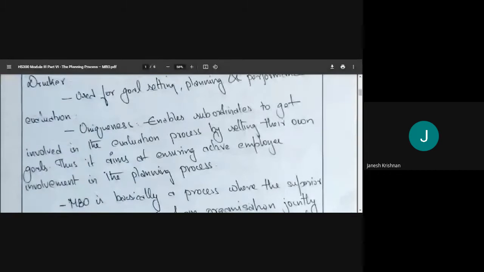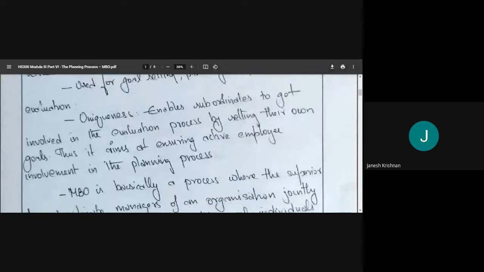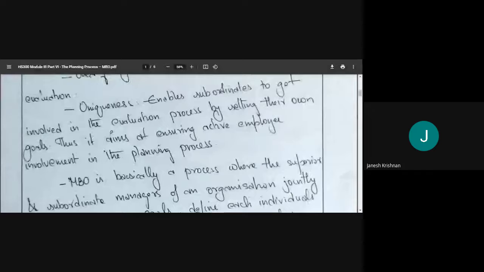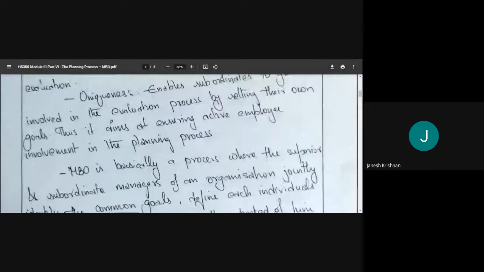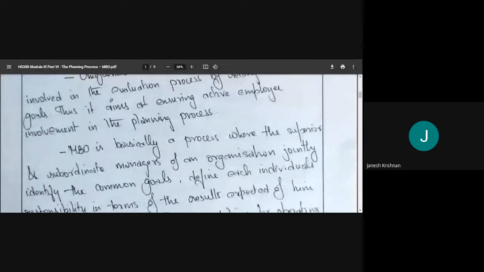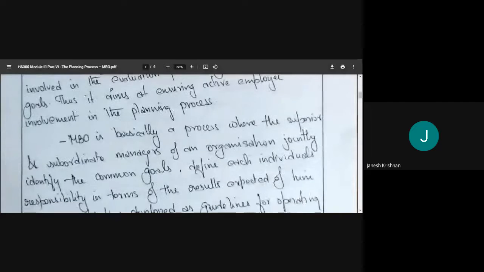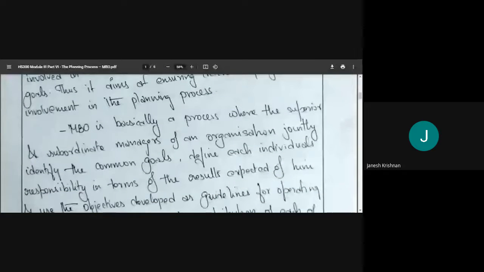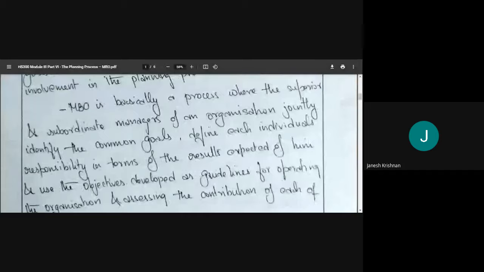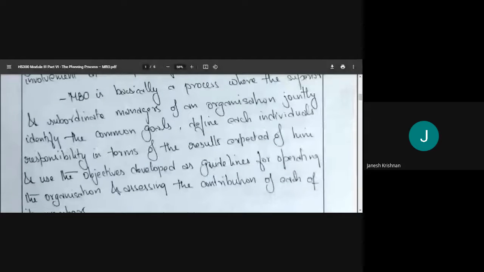MBO is basically a process where the superior and subordinate managers of an organization jointly identify the common goals, define each individual's responsibility in terms of the results expected of him, and use the objectives developed as a guideline for operating the organization and assessing the contribution of each member.